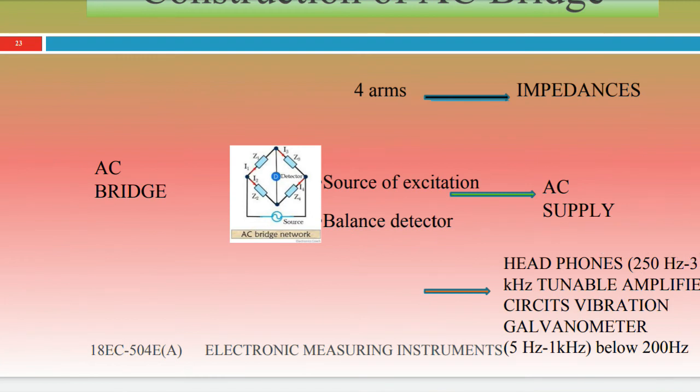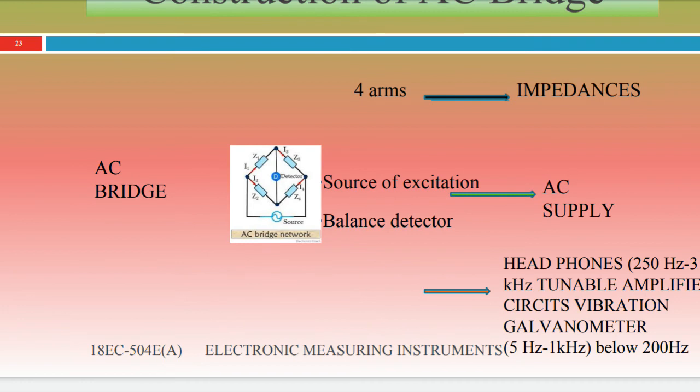Each arm consists of impedances, and the source is an AC supply which supplies AC voltage at the required frequency. For the balance detector, we can use headphones, tunable amplifier circuits and vibration galvanometers.